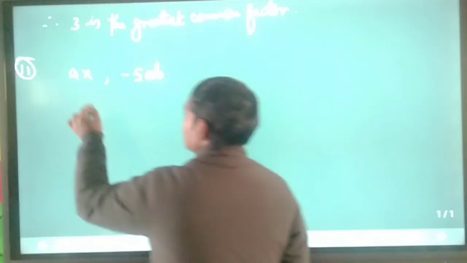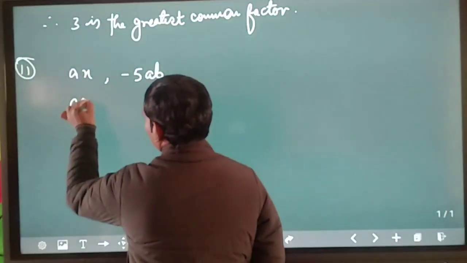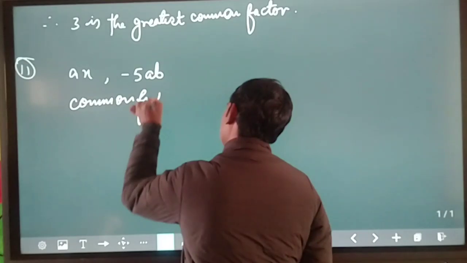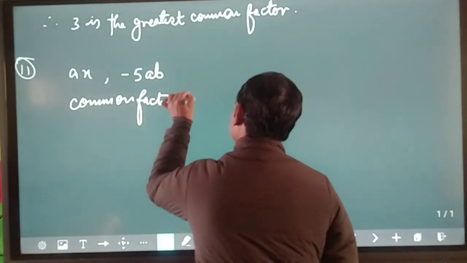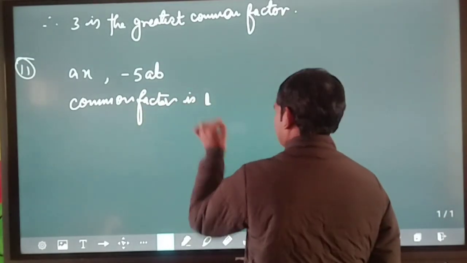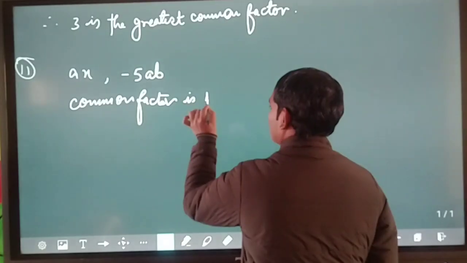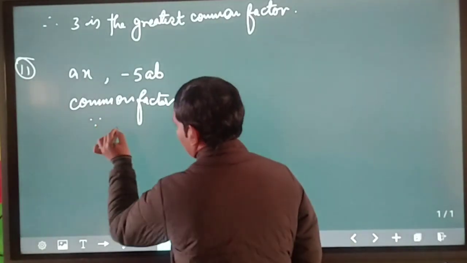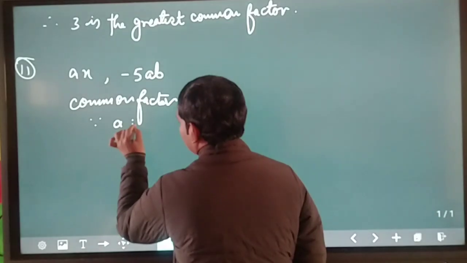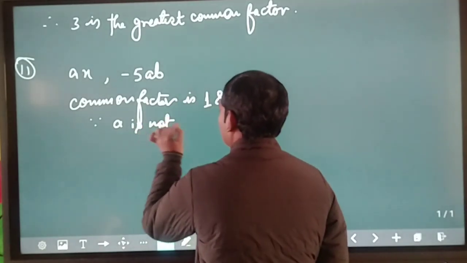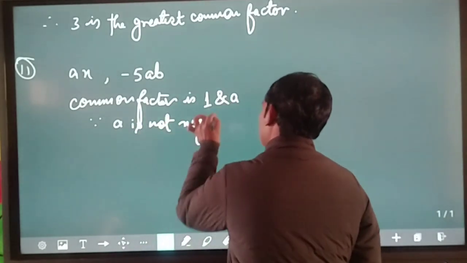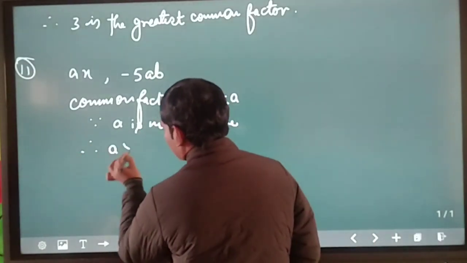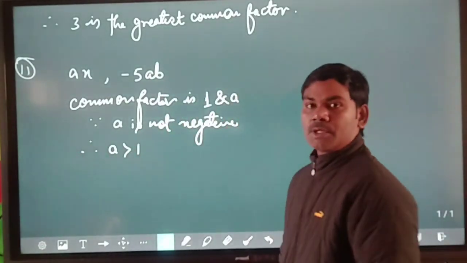So the common factors are 1 and a. Since a is not negative, a is greater than 1.